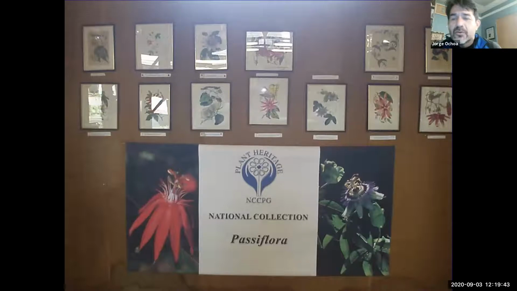And so when the Europeans started to colonize the Americas, the passion flower, because of this belief, was one of the first plants that was introduced into the European garden. And it is no surprise that the national collection of Passiflora is in Europe, mainly in England.